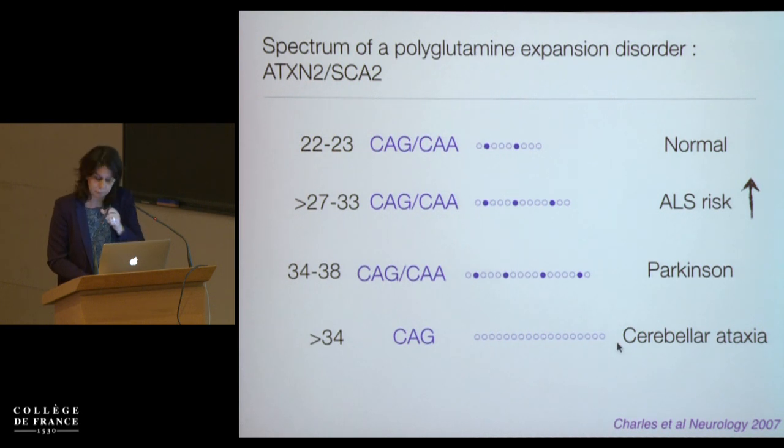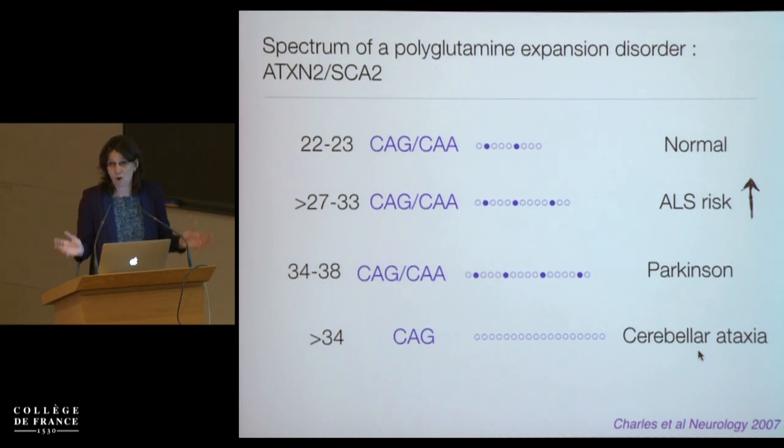But not always, because it has been seen that in some families with Parkinson's disease, when you have a large CAG repeat, you get complete Parkinson's disease without cerebral ataxia due to this gene. And what's the difference? In the Parkinson's disease families with this expansion, the CAG repeat is still interrupted, like in the normal one, and it's a pure CAG repeat in cerebral ataxia.